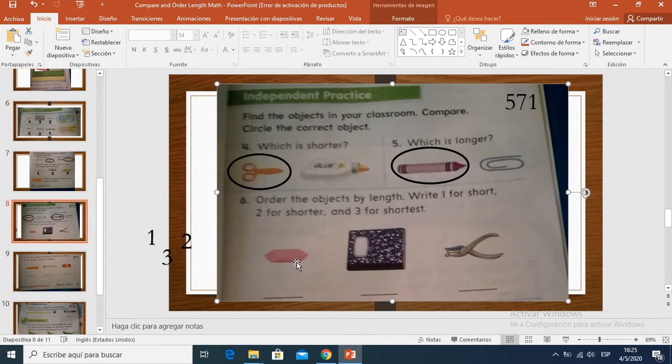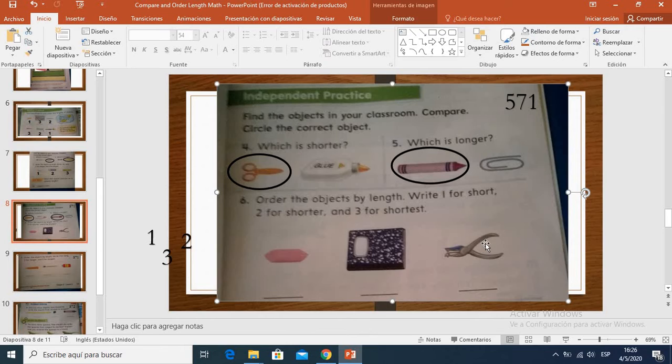So we need to find the first one, the one that is short. And then the one that is shorter, and finally the one that is the shortest. I prefer to start from the shortest. What do you think? It's better. So which one do you think is the shortest? The eraser, the notebook, or the pincer?